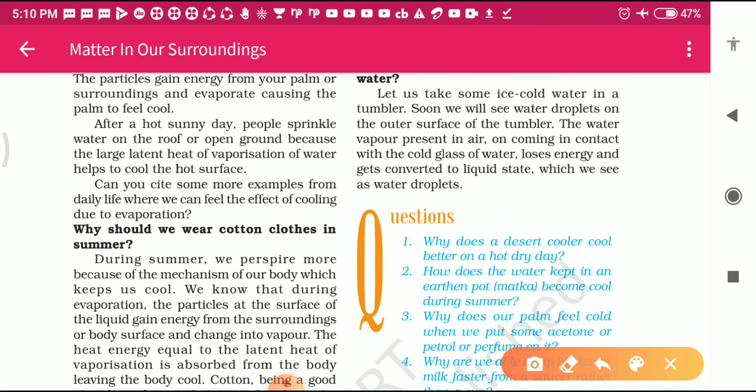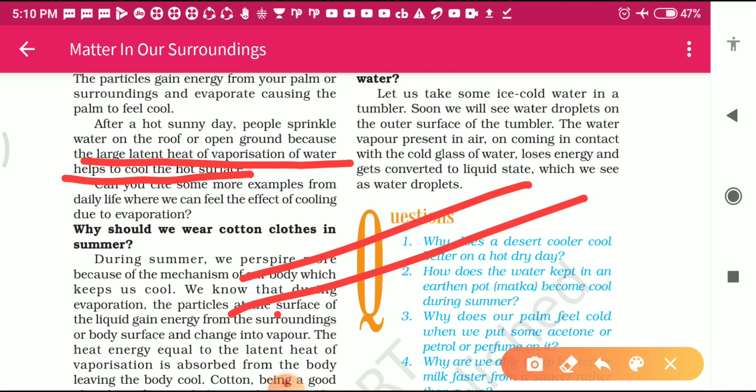After a sunny day, people sprinkle water on the roof or open ground because the large latent heat of vaporization of water helps to cool the hot surface. Large latent heat of vaporization of water. Students, see here, this is your roof or open ground.